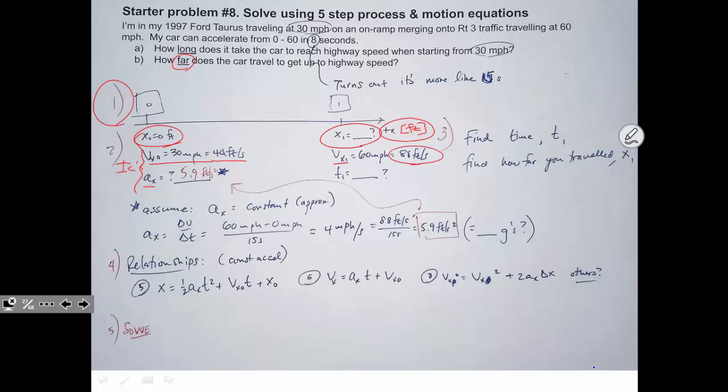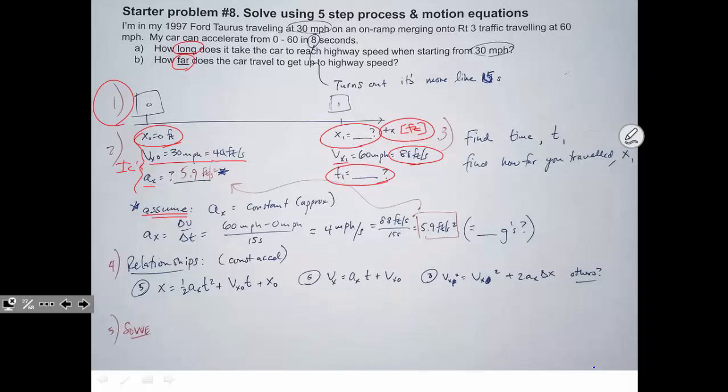And the number of G's, if you want to work this out, well, I've got 5.9 feet per second squared, and the Earth's is 32 feet per second squared, just for an object dropping. And this is what? Well, 6 out of 32. It's a small fraction.